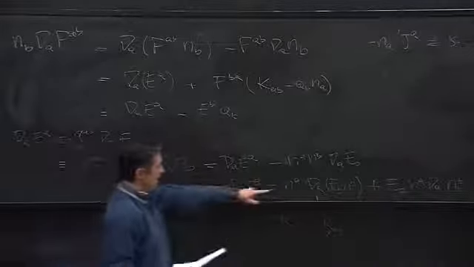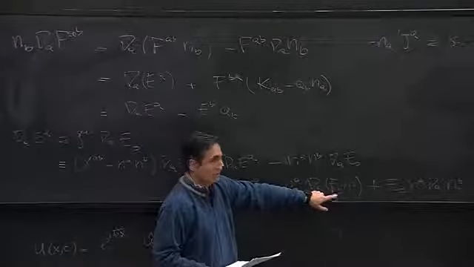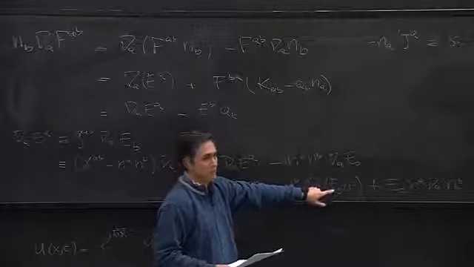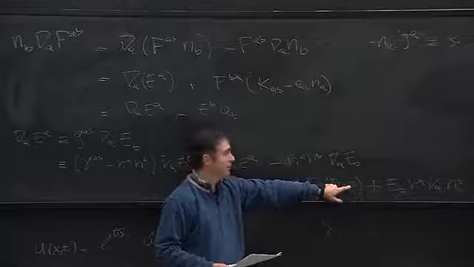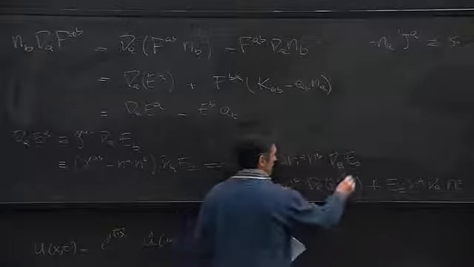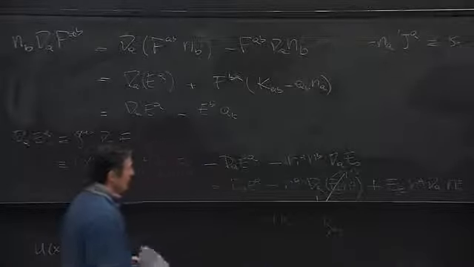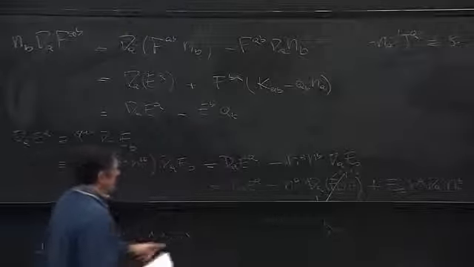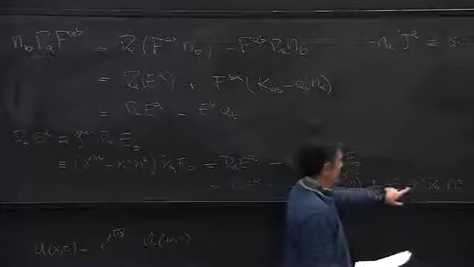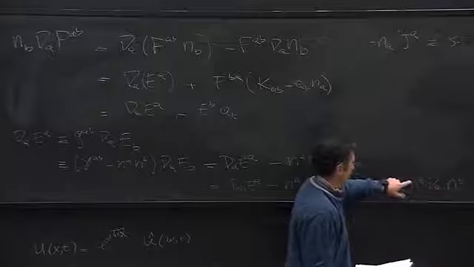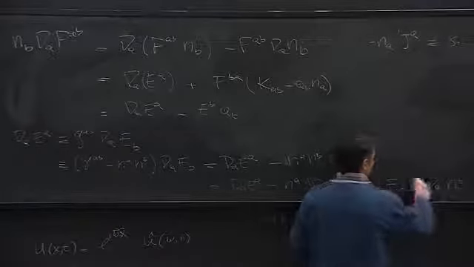But now this is a contraction of the electric field that lives on the hypersurface with a vector that is orthogonal to it. So that's 0. And then this piece is E contracting with the acceleration of the vector n.